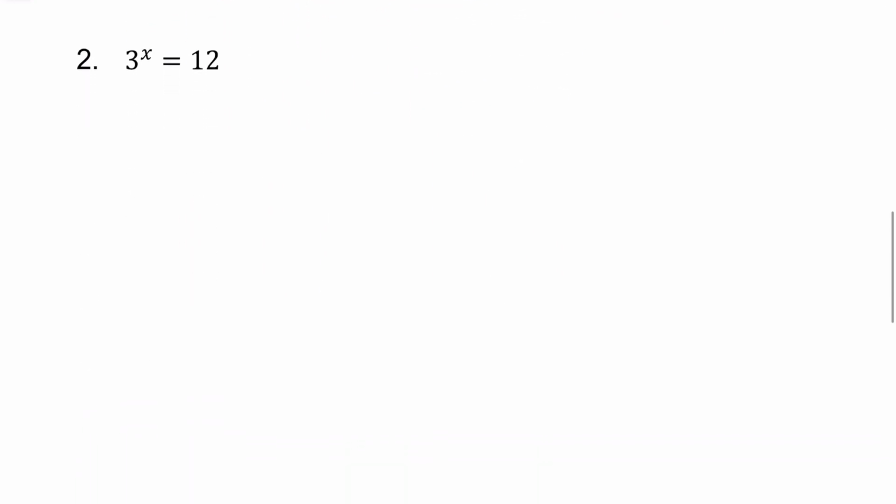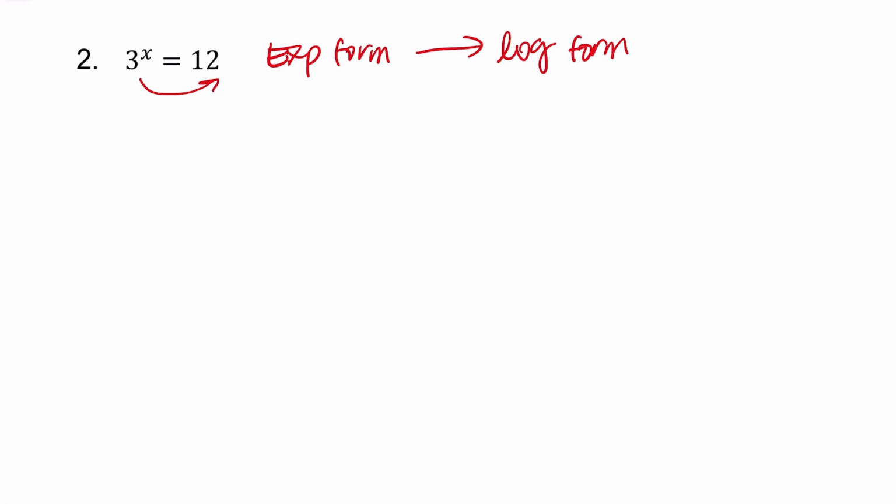Our next example is given to us in exponential form, and we are to convert this into log form. So applying our definition of a logarithm, we get log base 3 of 12 equals x. Notice how this logarithm isn't easy to solve or simplify.